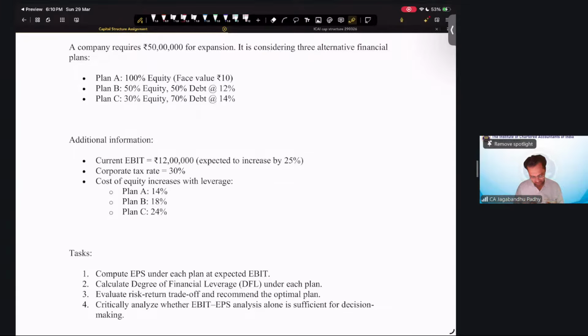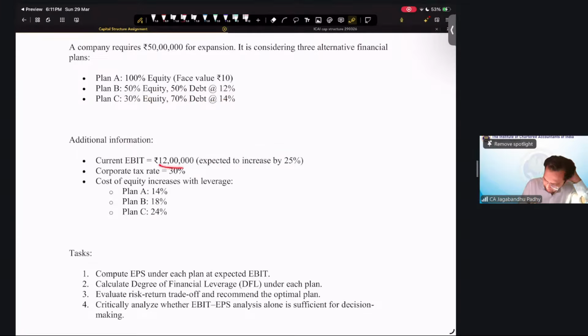Plan A is 100% equity, where you raise fully equity at a face value of 10. Plan B is 50% equity and 50% debt. And Plan C is 30% equity and 70% debt.